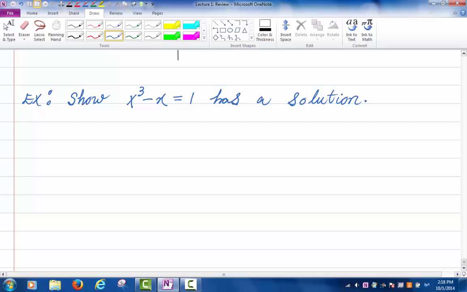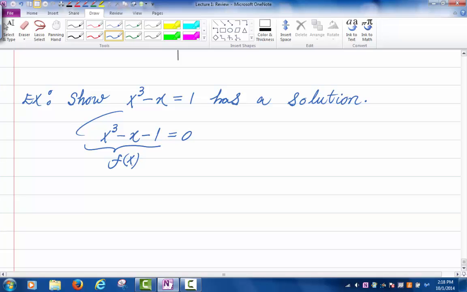Well, the first thing I'm going to do is rewrite the equation as this. What I did is put all the terms on the left-hand side, so the right-hand side is 0. And now I'm going to call the left-hand side the function f of x.